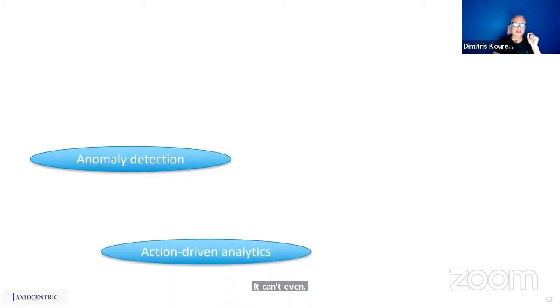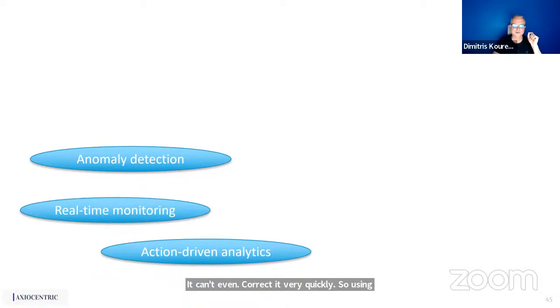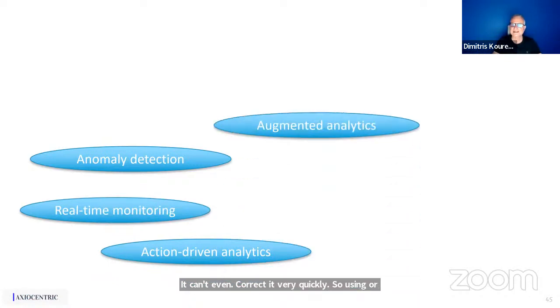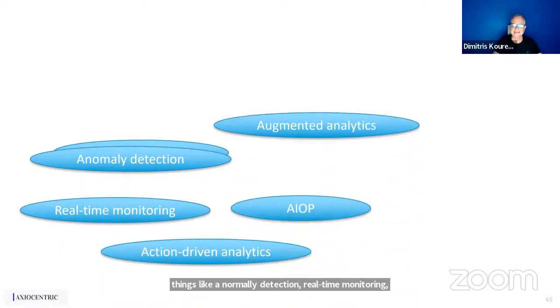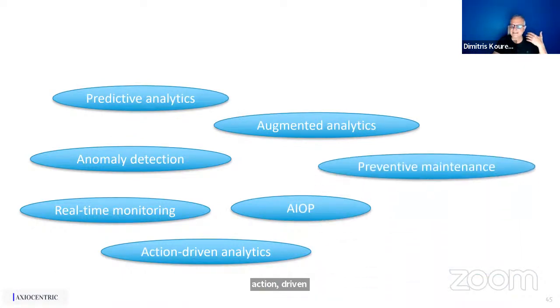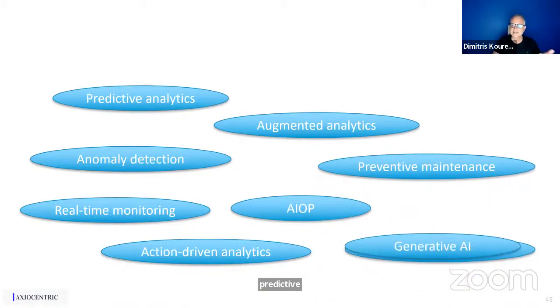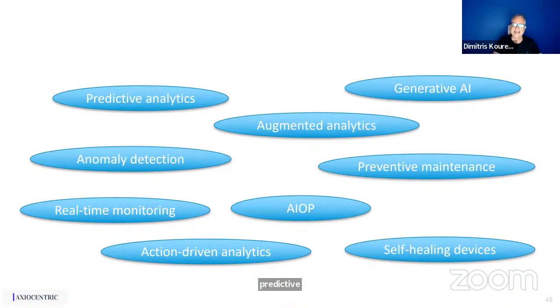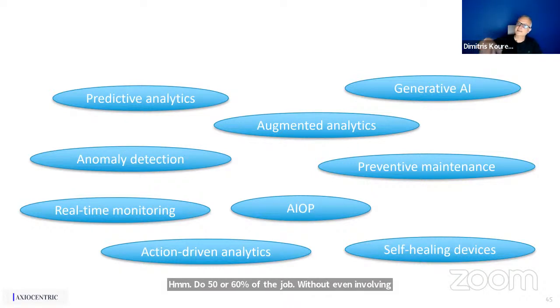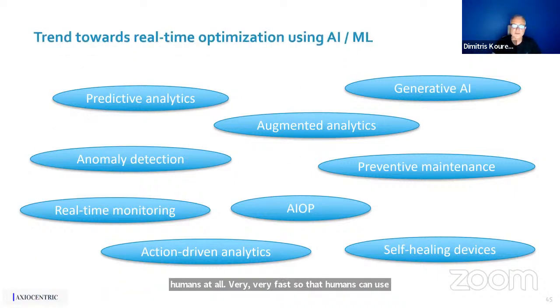So using things like anomaly detection, real-time monitoring, action-driven analytics, augmented analytics, AIOps, predictive analytics, preventive maintenance, self-healing devices, generative AI, all that helps us do 50 or 60% of the job without even involving humans at all, very, very fast, so that humans can use their minds for something more complex.